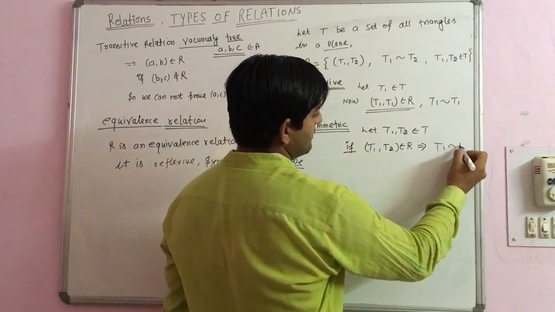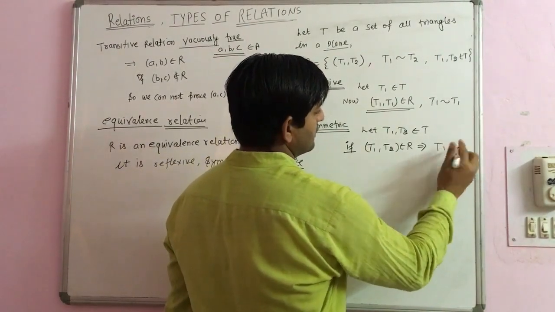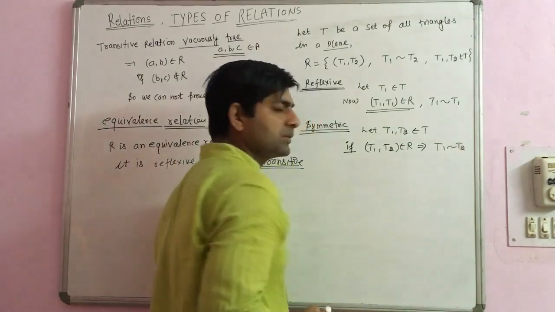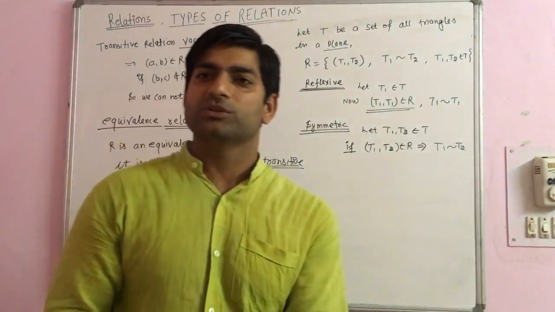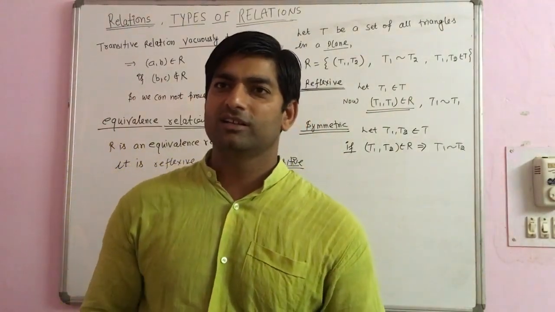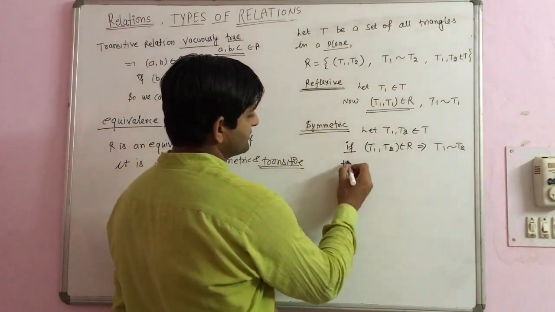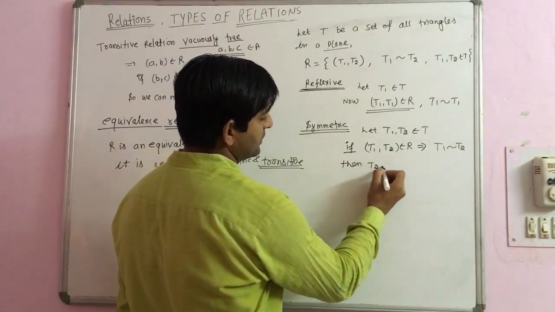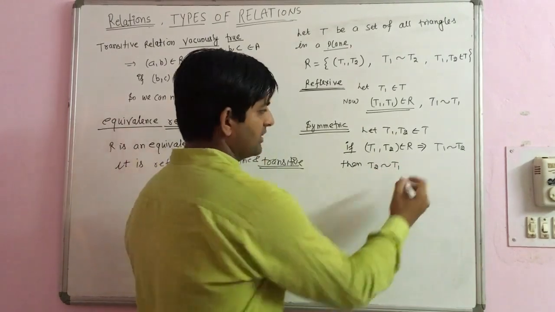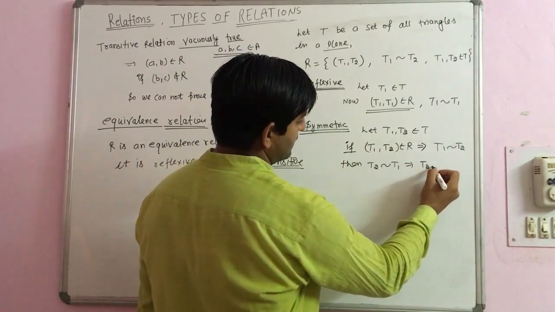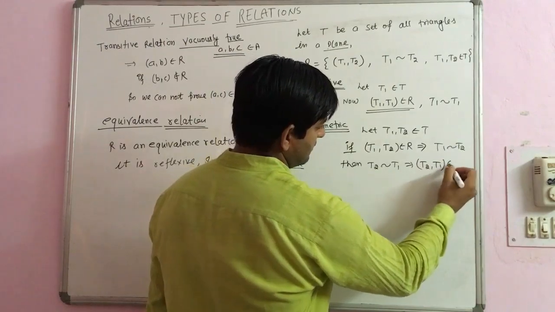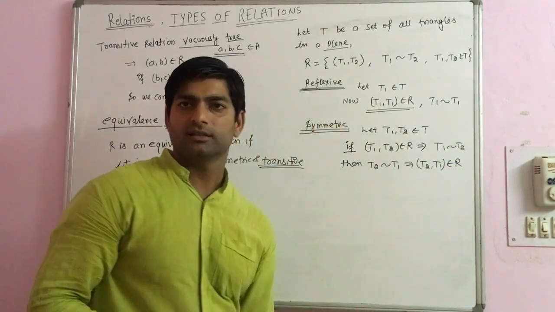That T1 is similar to T2. If T1 is similar to T2, then T2 is similar to T1, because they are similar to each other. Then T2 is similar to T1, which implies T2, T1 belongs to R.